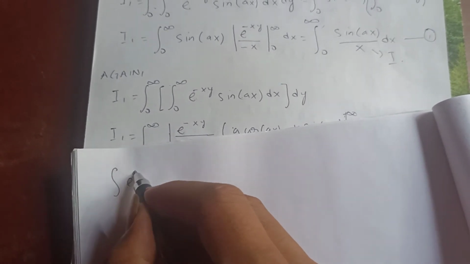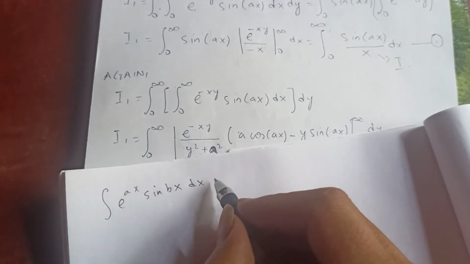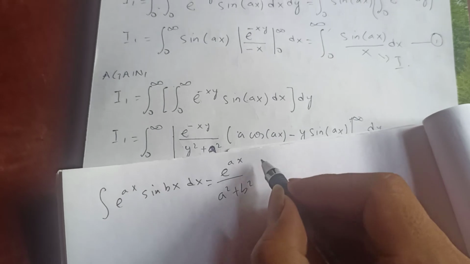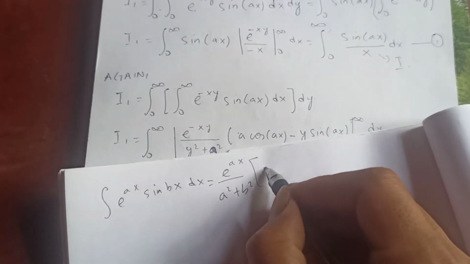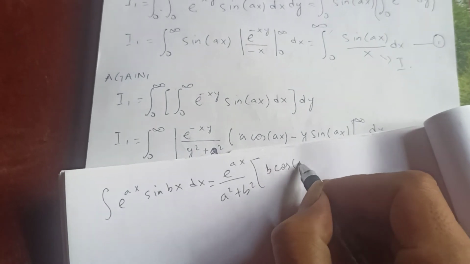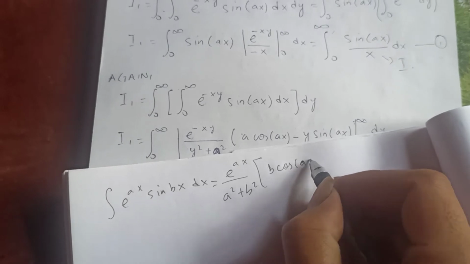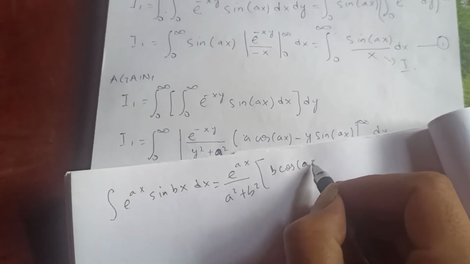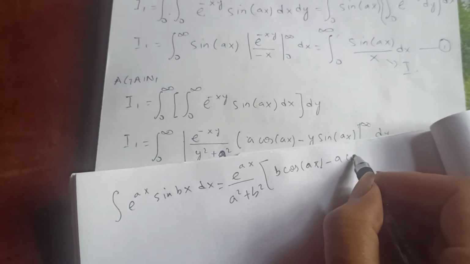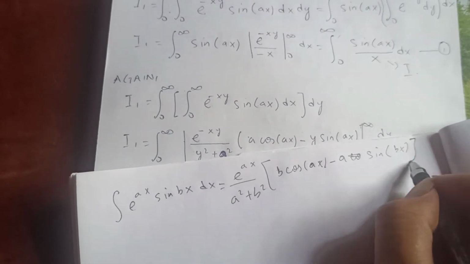We know that the integration of e to the ax sin bx dx is e to the ax upon a square plus b square times (a sin bx minus b cos bx).